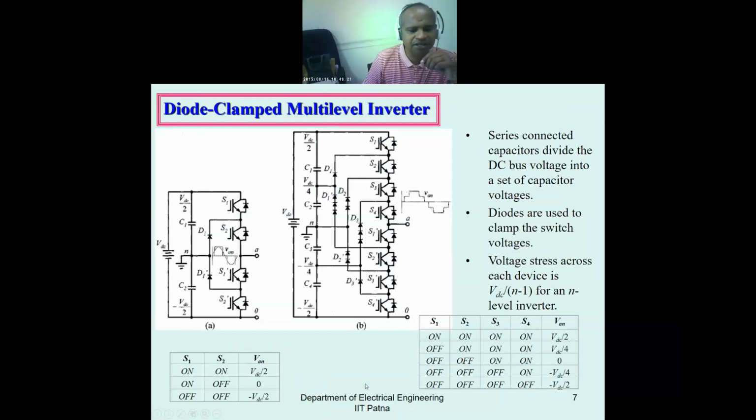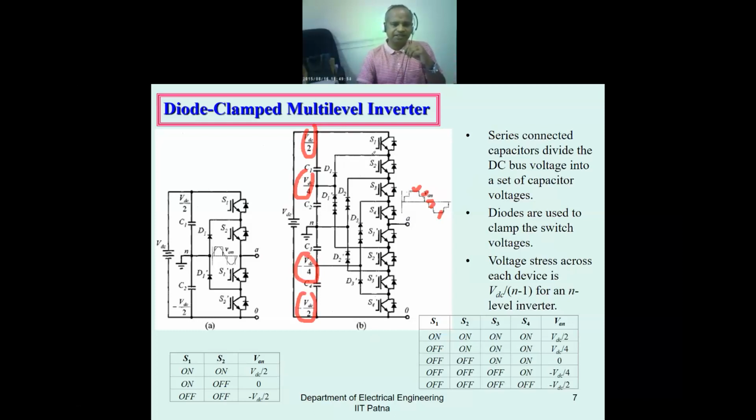And this is a three-level inverter, and you can see that we have a five-level inverter here: one, two, three, four, 5 level. You can see that this is VDC by 2, VDC by 4, and this is minus VDC by 4 and minus VDC by 2.